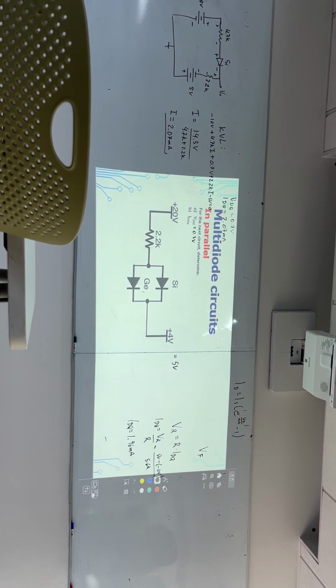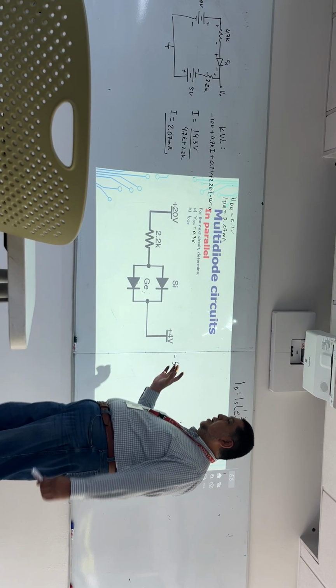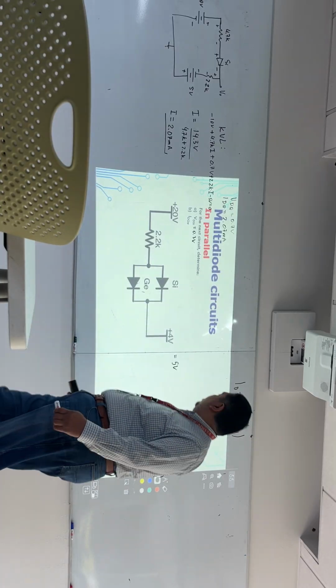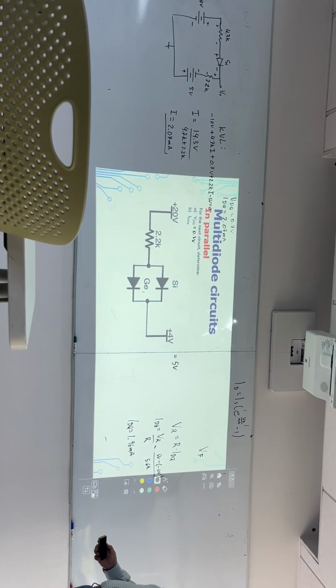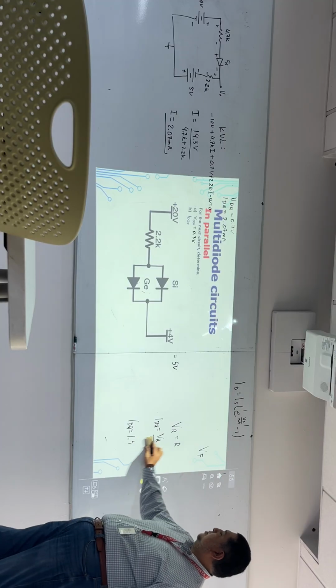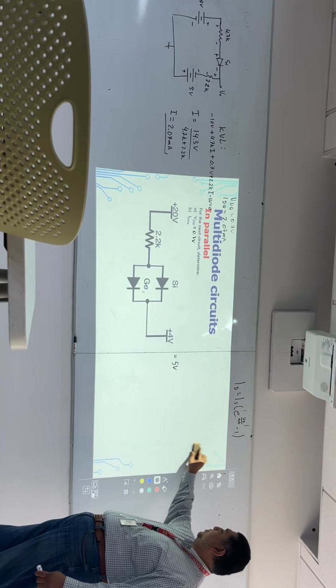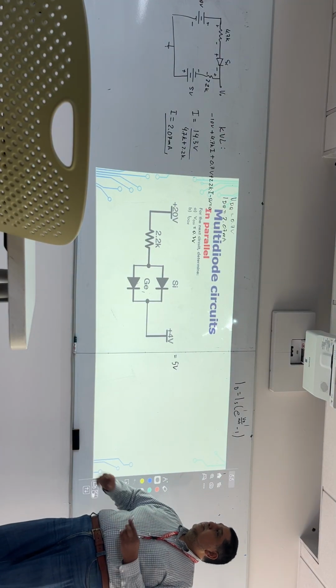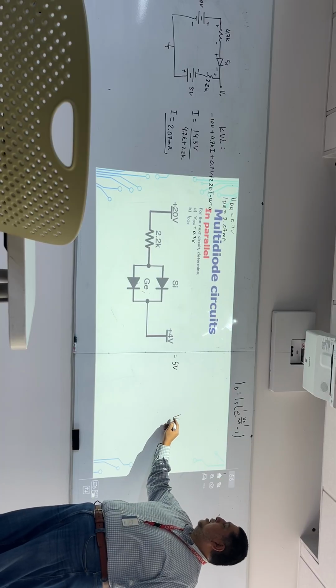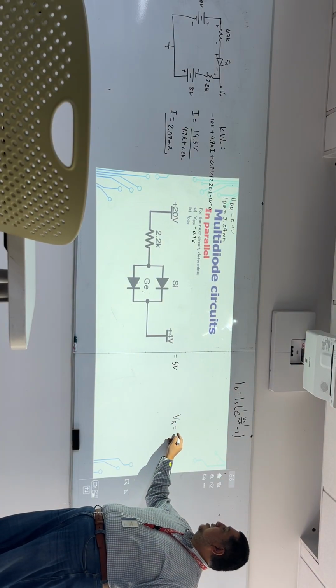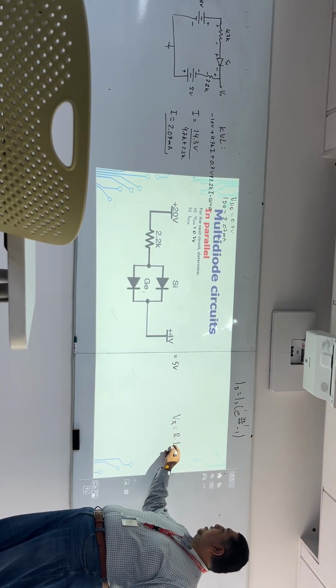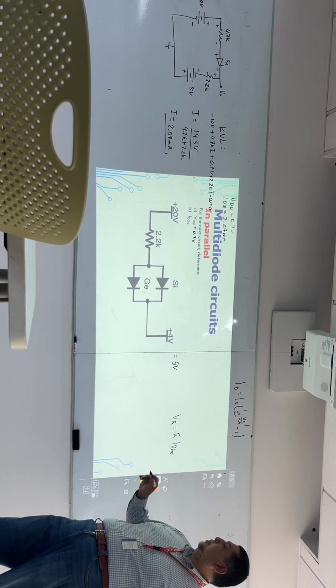Now, how can I get IDGE? Same way. I am going to use also and only the Ohm's law. Again, VR is R times IDGE.